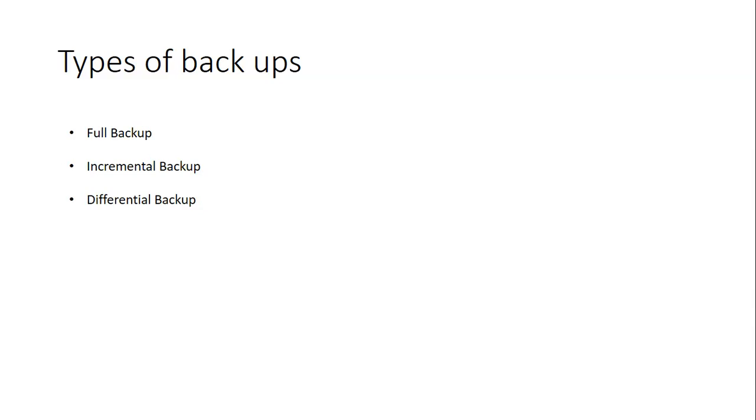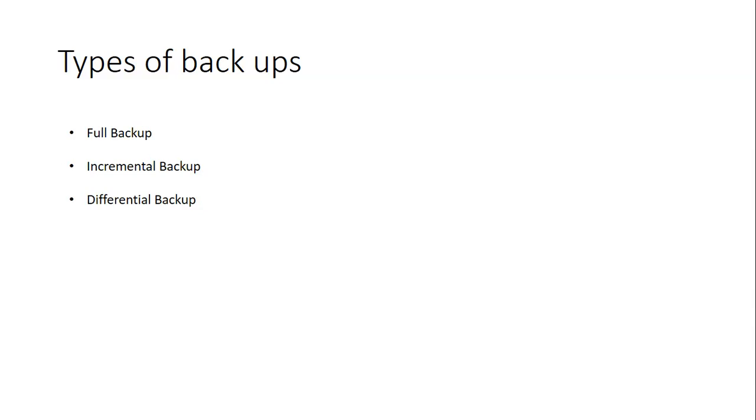All right. So for differential backup, we are only backing up data that has changed since the last full backup. So in differential backup, you perform a full backup on Saturday.